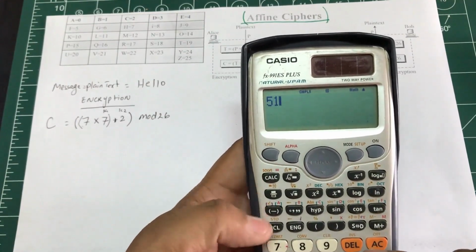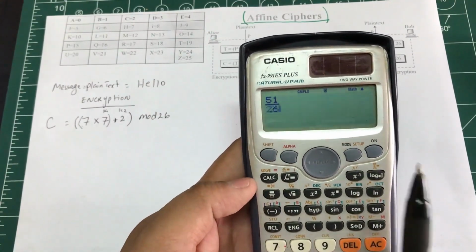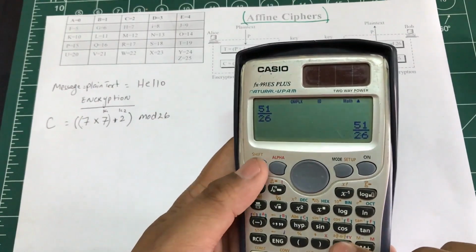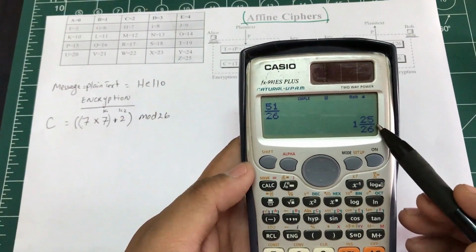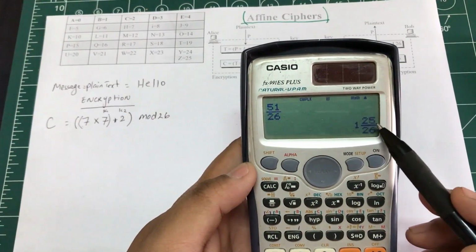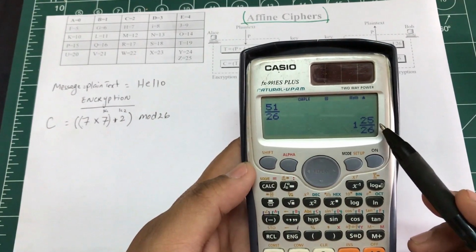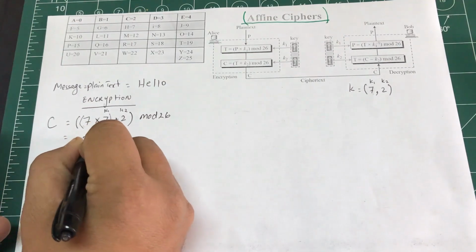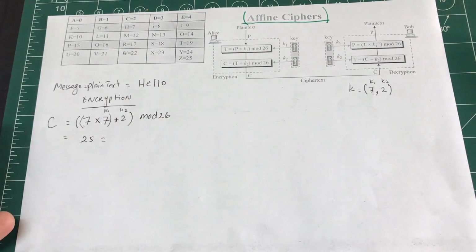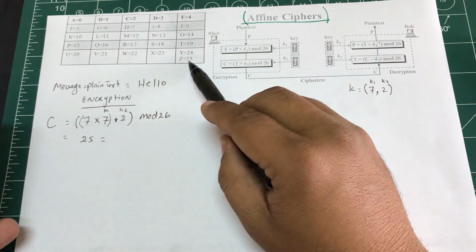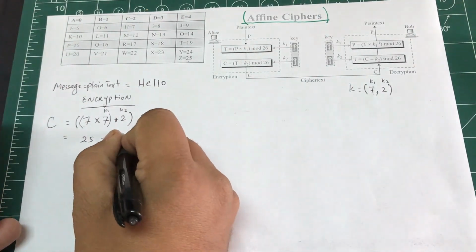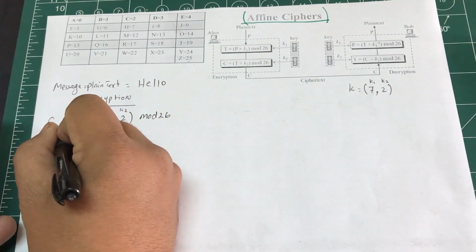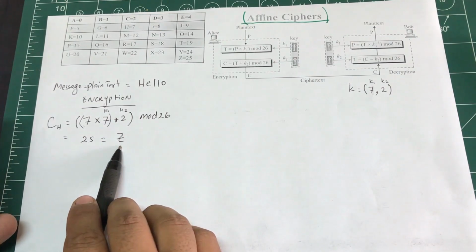So 51 divided by 26, shift SD, that would give me 25. The top part is actually my remainder. So this would become 25, and 25, as per our code book, is Z. So the ciphertext for H would become Z.